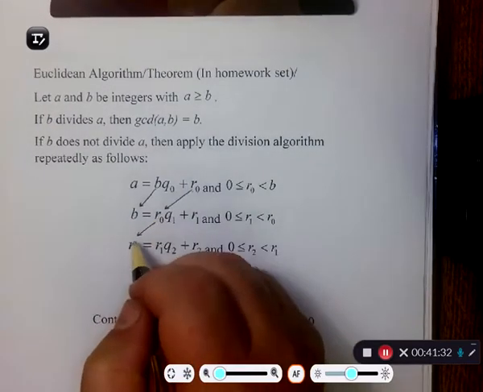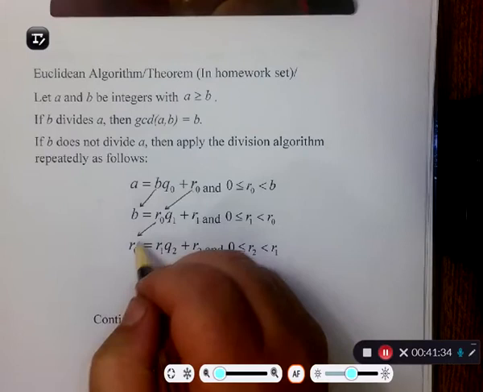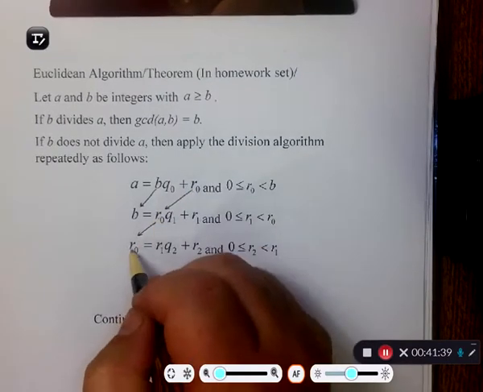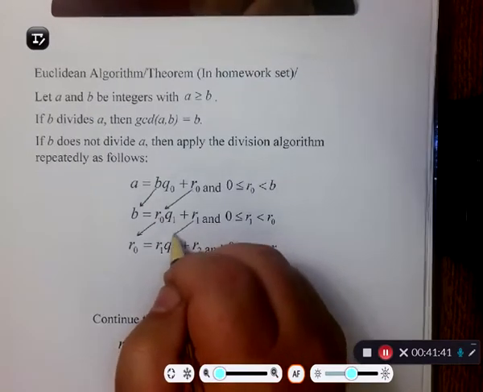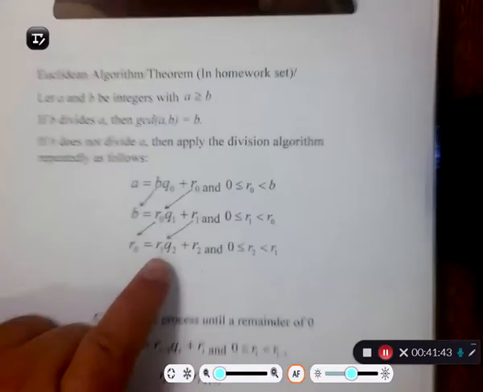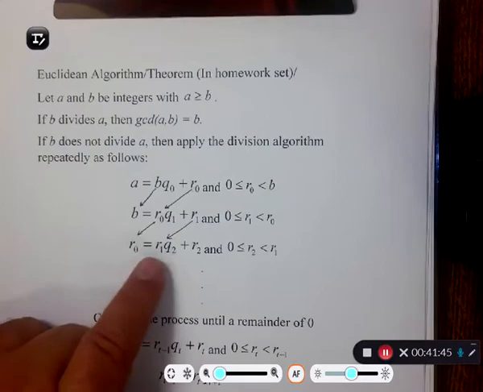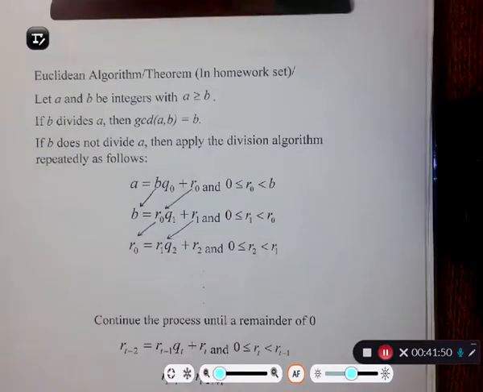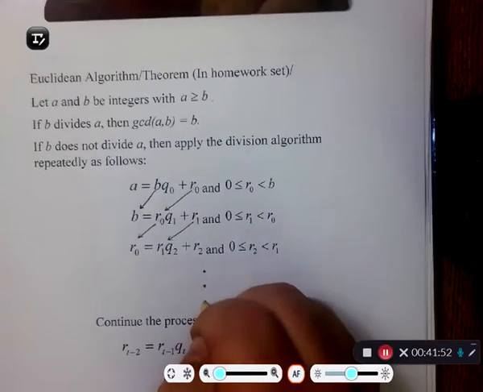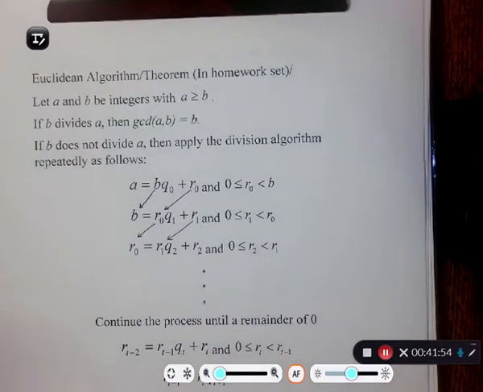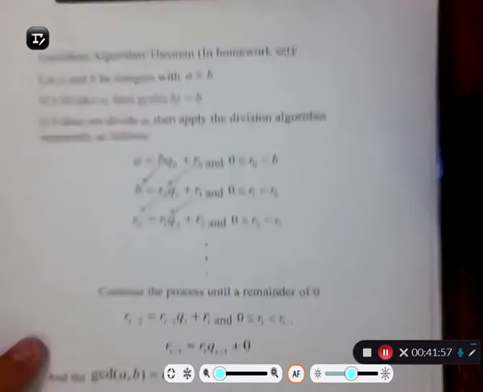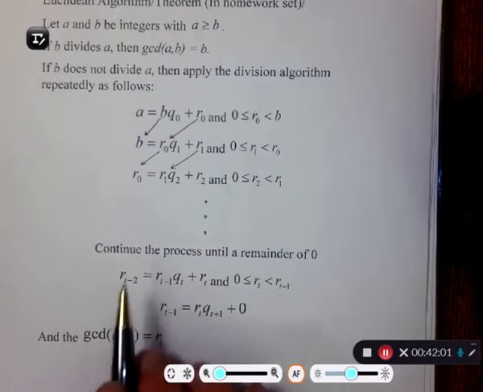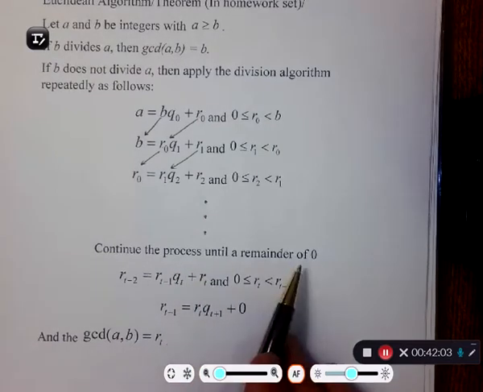The remainder which became your divisor now becomes the dividend, and the new remainder becomes the new divisor. So you take R0 and divide by R1. You get another quotient plus another remainder, and you keep doing this procedure all the way down. Eventually, you're going to get a remainder of 0. So continue the process until a remainder of 0.